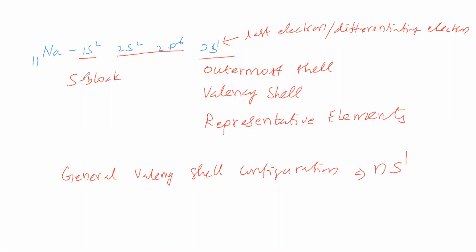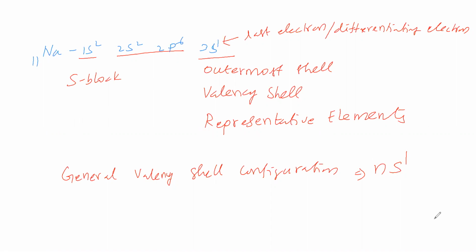Sodium is a representative element because its valence shell configuration and outermost shell configuration are equal, and the valence shell contains fewer than 8 electrons. So sodium comes under the ns1 configuration.